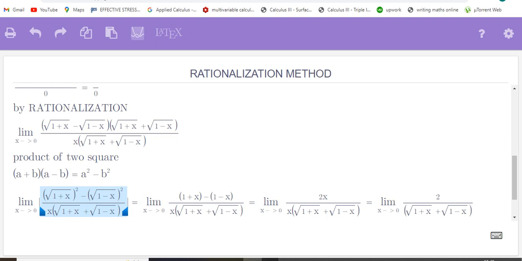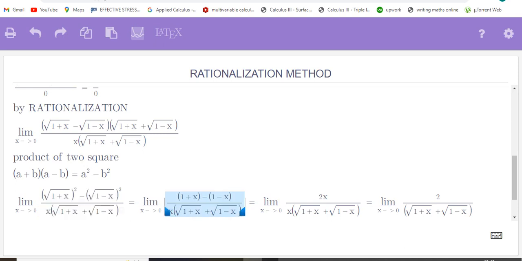The denominator we maintain together with its bracket, the bracket for the conjugate. When you square a root, you end up with what is inside the root. So we have 1 plus x, which was in the first root, since the square and the root cancel.